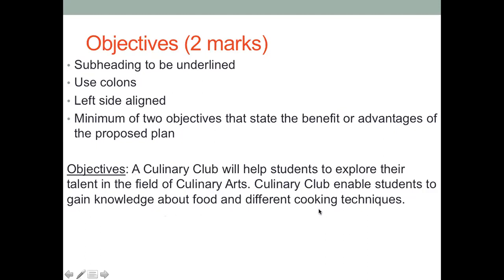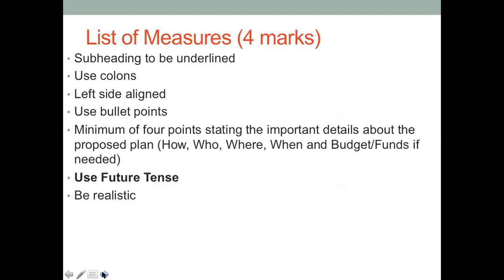So these are 2 reasons or 2 aims that you wish to achieve with this proposed plan, right? So introduction is just basically an introduction of what this club is about, whereas objectives is about the aims, what you wish to establish or achieve through this club. Okay, so this will cover your 4 marks.